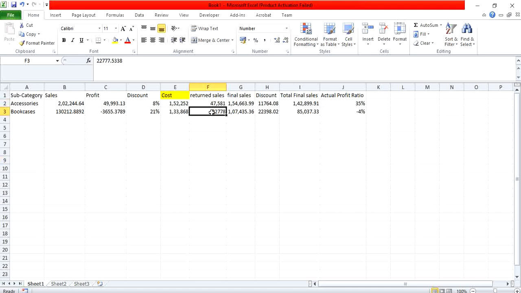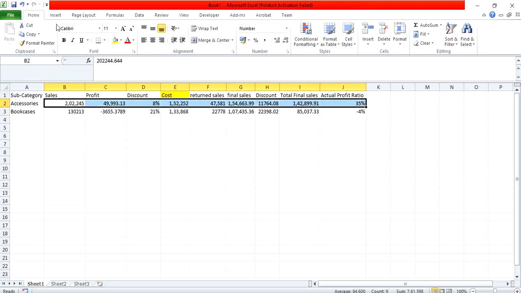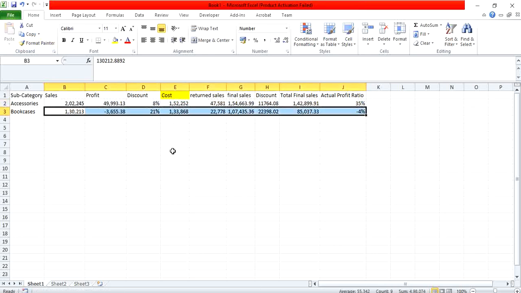Okay, so return was 22,000 from this total sales, and what I'll do, I'll just take the formatting of this format painter and I'll just apply it here. Okay, perfect.